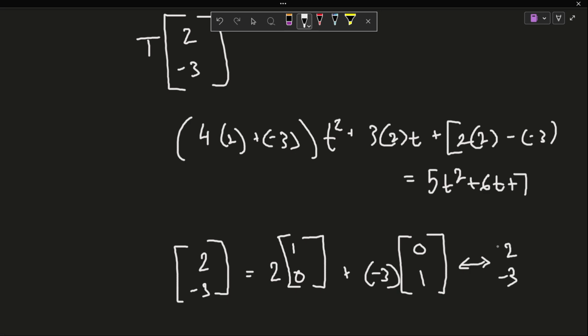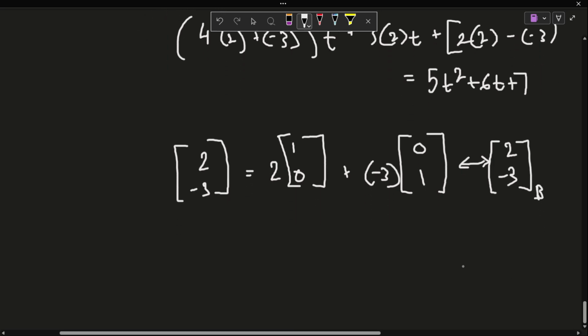That's just because we're using the standard basis here. If they said with respect to a non-standard basis, then you would be able to see clearly that this is just a bit different.